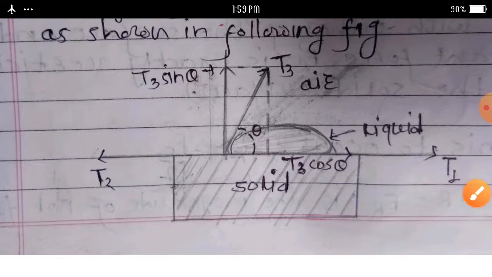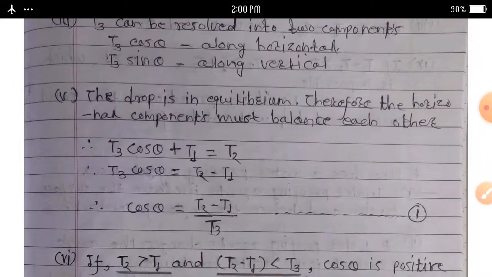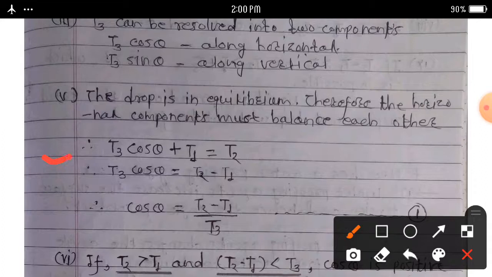Then we can write T3 cos theta plus T1 is equal to T2. Rearranging this equation, T3 cos theta is equal to T2 minus T1. We can find the value of cos theta: cos theta is equal to (T2 minus T1) upon T3. This is considered equation first.